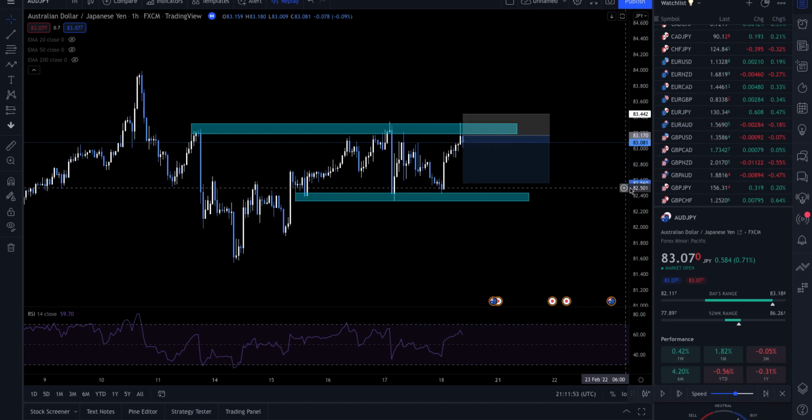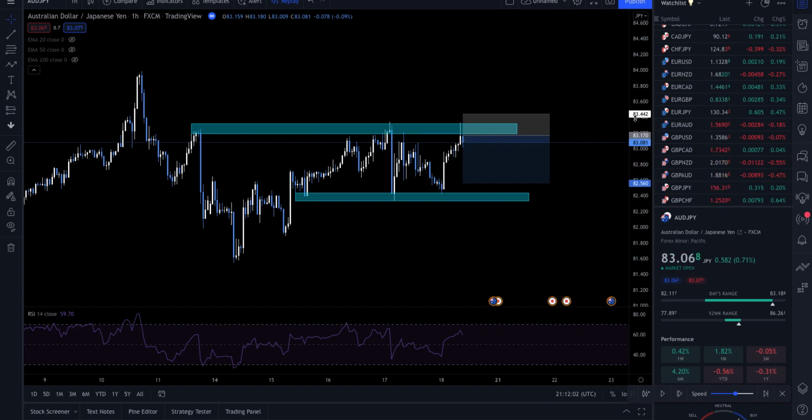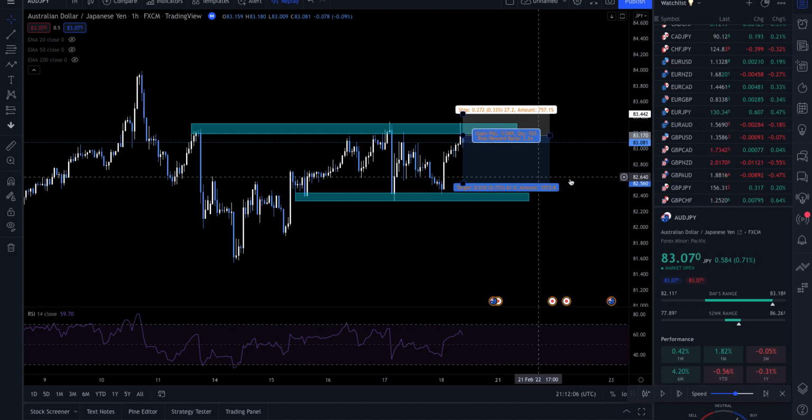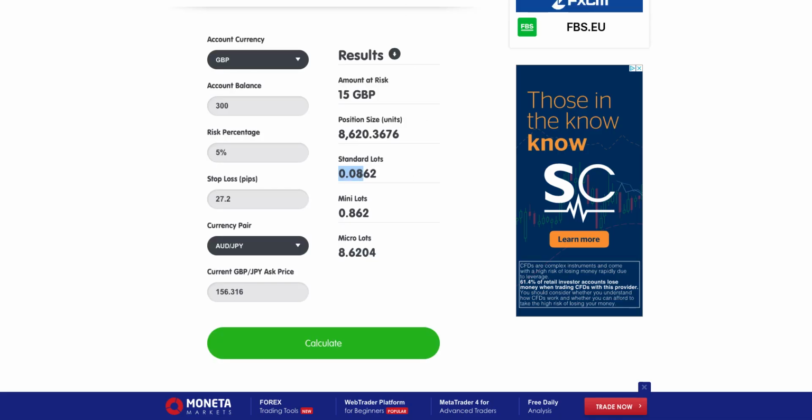Our take profit is set at 82.560, as that's where the bottom and the top of our box where it shows the stop loss and take profit. So you'd enter 83.442 into stop loss. You would enter 82.560 into your take profit, and then you would enter 0.08 into your lot size at the very, very top of MetaTrader, where you input how much risk you want to take.